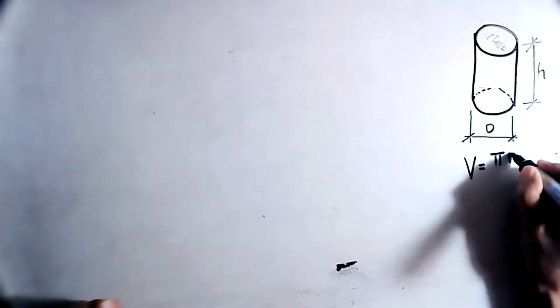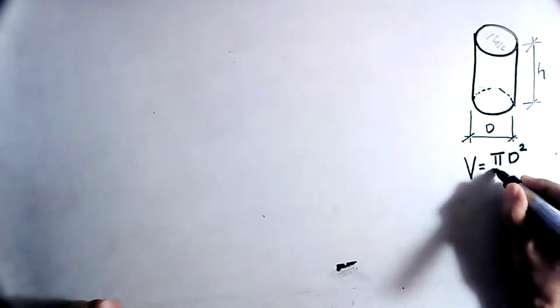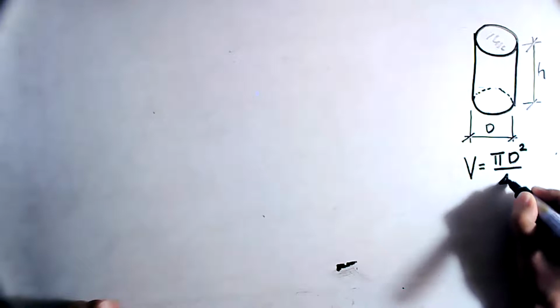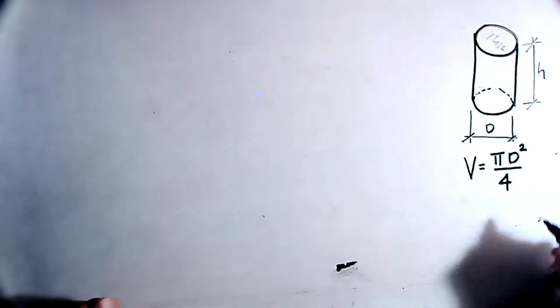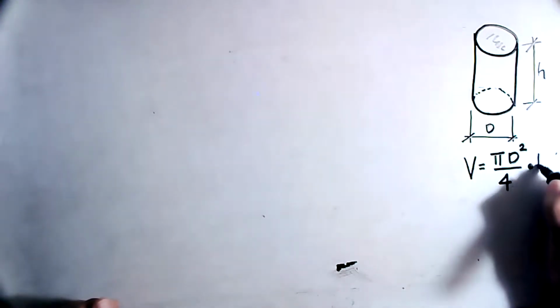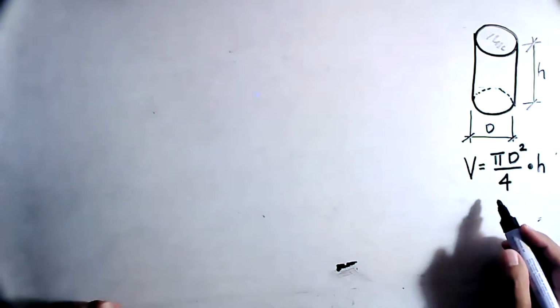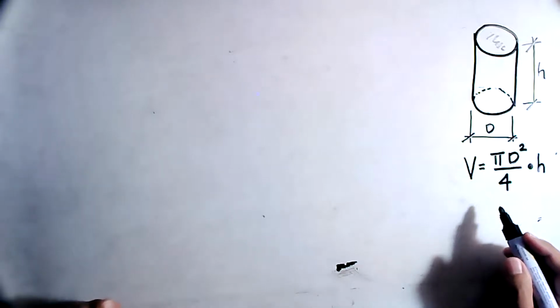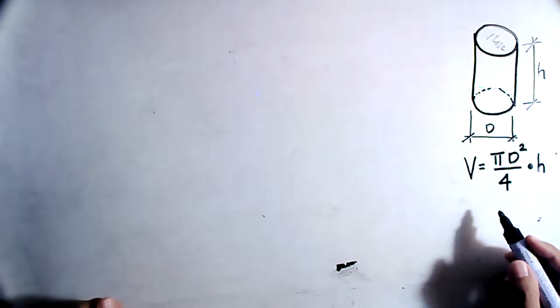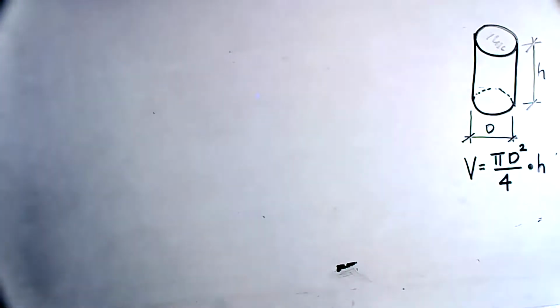So we have pi d squared over 4, which is the area of the base. You multiply it by the height of the section. We are going to make use of this formula for the volume in order to make the cost minimum, and the area should also be minimum.